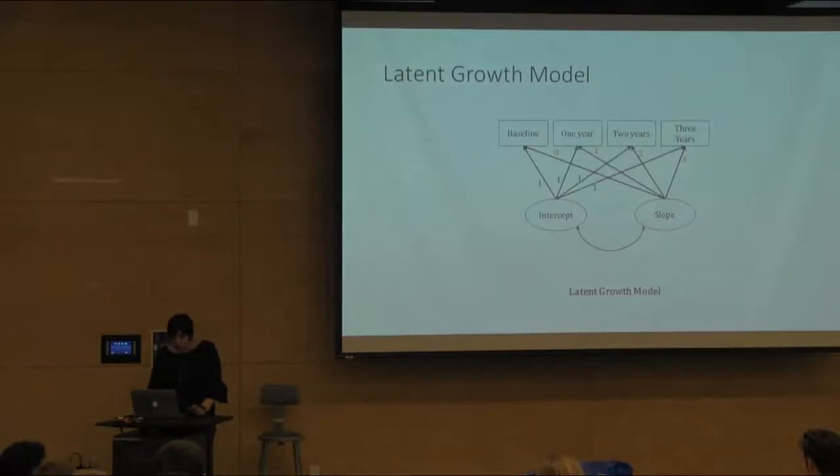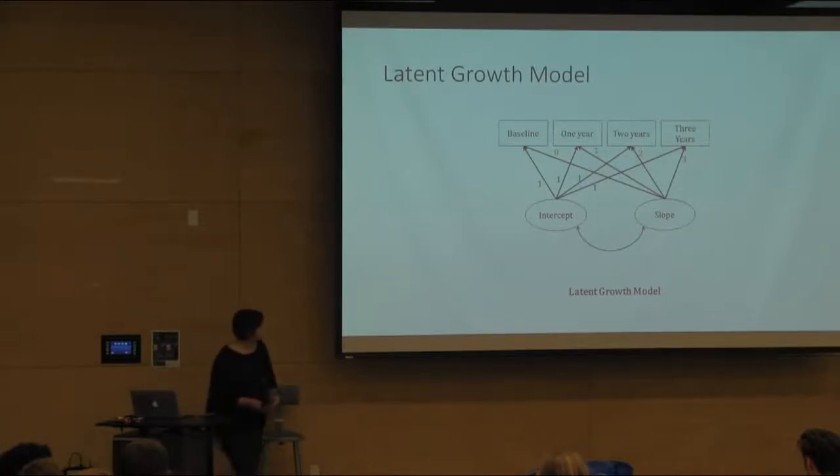There is an example in lavaan in this data set of, I believe, a parallel process growth model, just to give you a sense of what this looks like, and I won't go into detail on any sort of models. This latent growth model is fully equivalent to a mixed effects model, and this is what they look like.